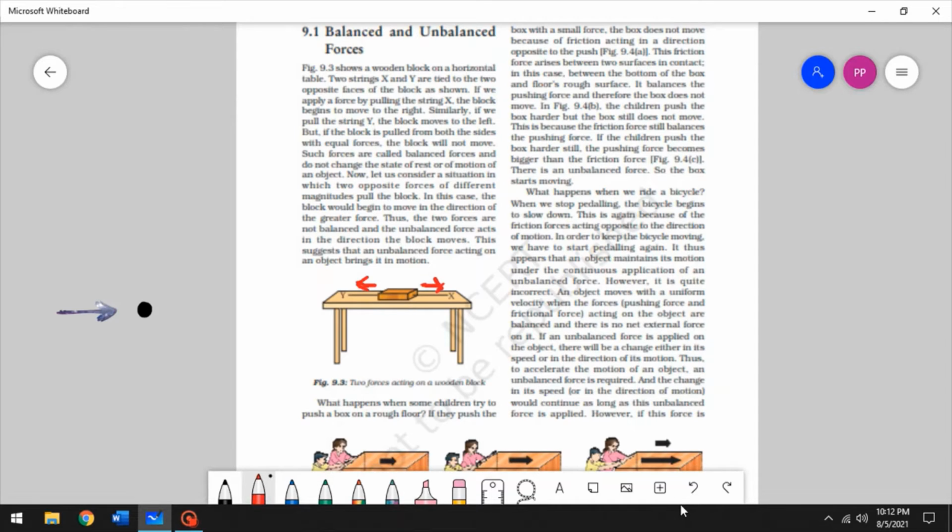But frictional force will act against the object in the direction which is opposite to the direction of the greater force. Remember this very carefully: frictional force is the resistive force that acts against the object in a direction that is opposite to the direction of the greater force that is being applied. That is frictional force.